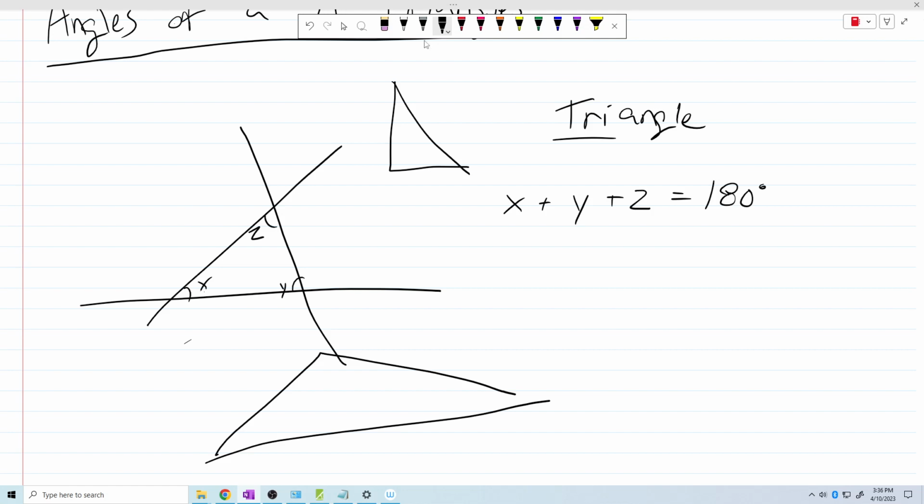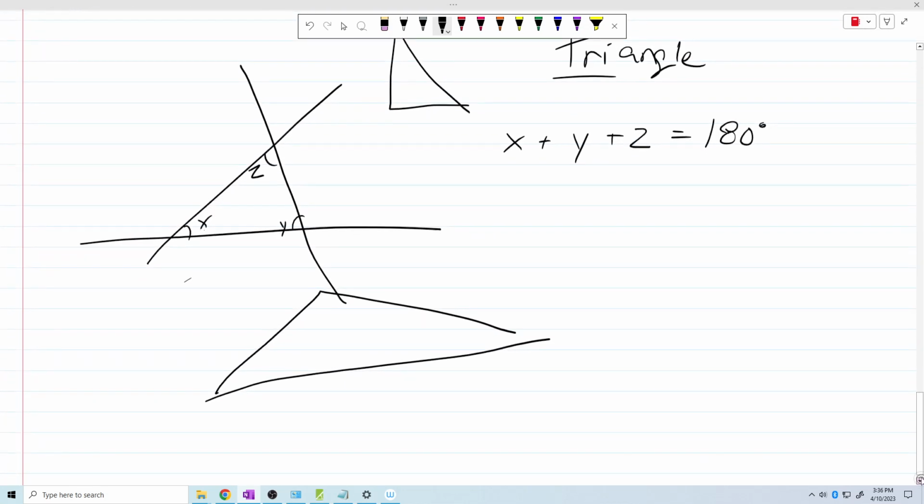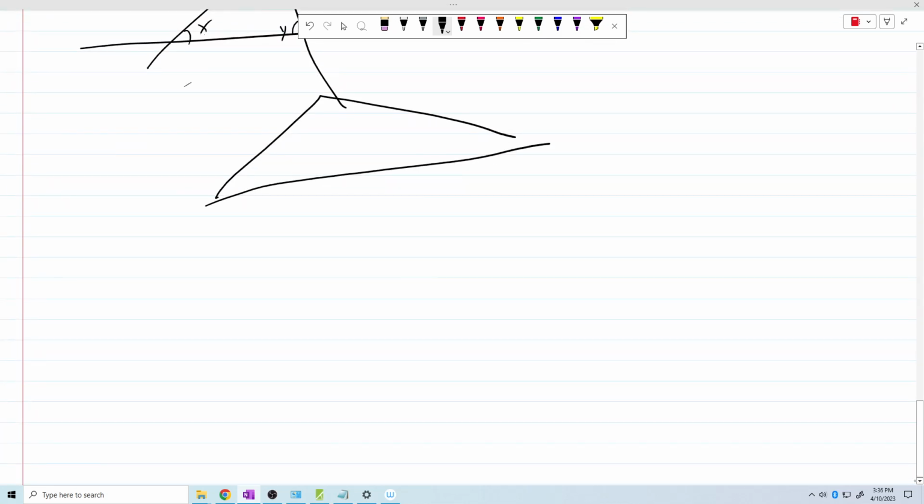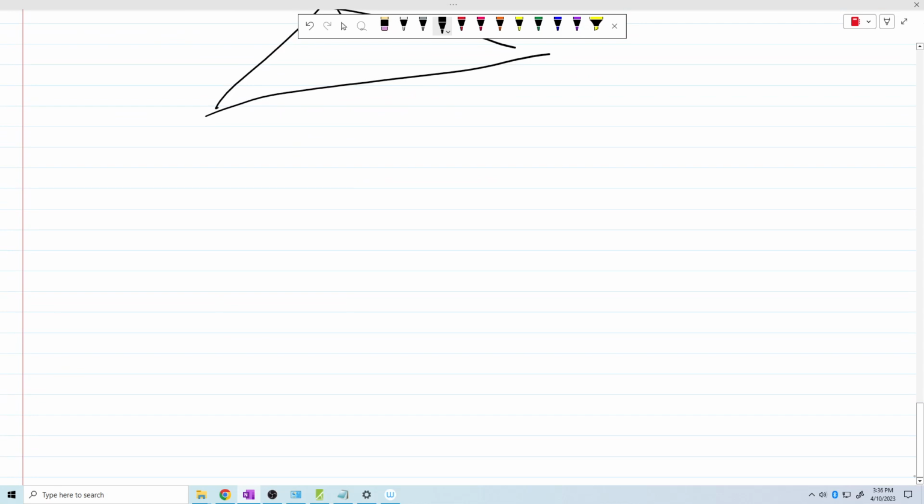That's useful to know because, much like those angle problems with the rays, you'll have triangle angle problems where, let's pretend this is a 90-degree angle. Here we're saying that's 90. We're saying that this is 30.